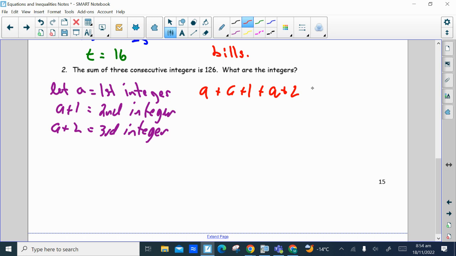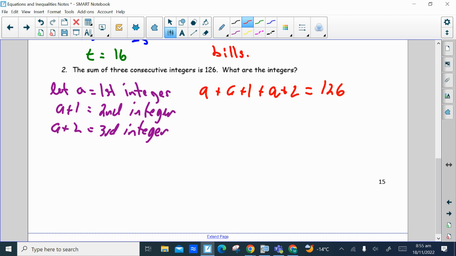What should we say they equal? Close, but what do I put on the other side of this equation? Yeah, the sum of the three consecutive integers is 126.